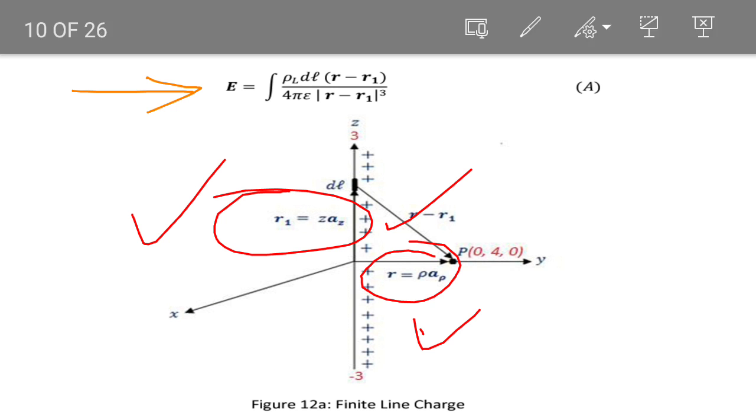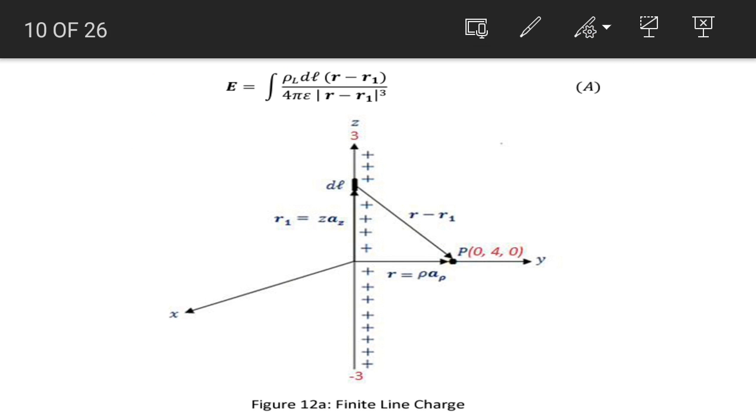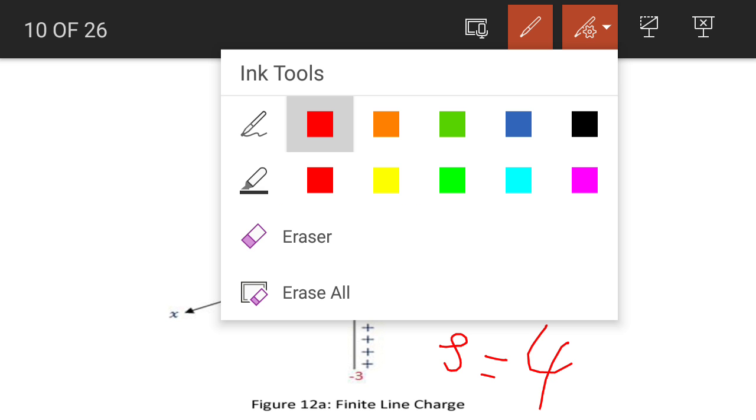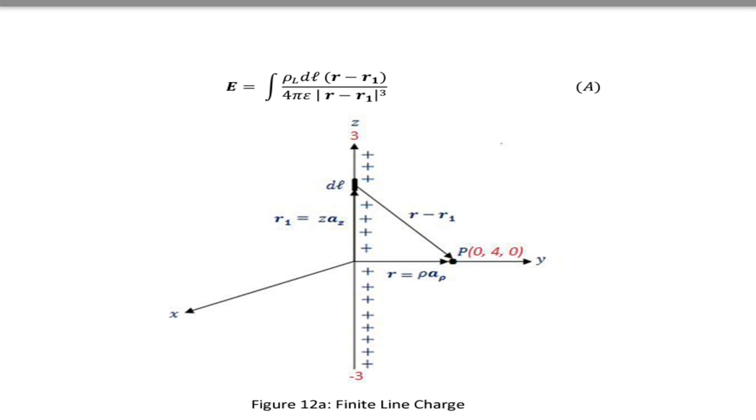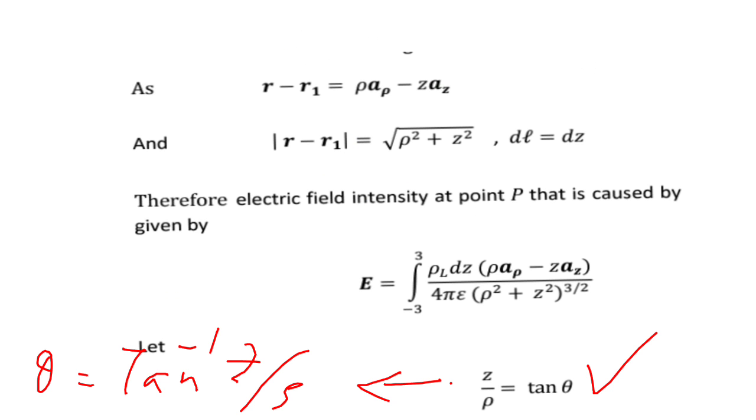If you look at this particular diagram, here is the point under observation, which is 0, 4, 0. So definitely rho is equal to 4. Rho in this particular diagram is equal to 4. z is extending from minus 3 to z is equal to 3.